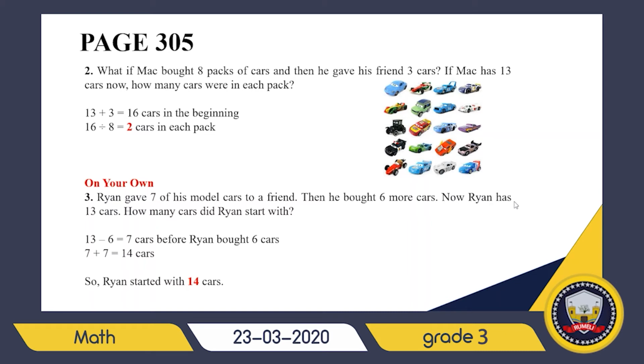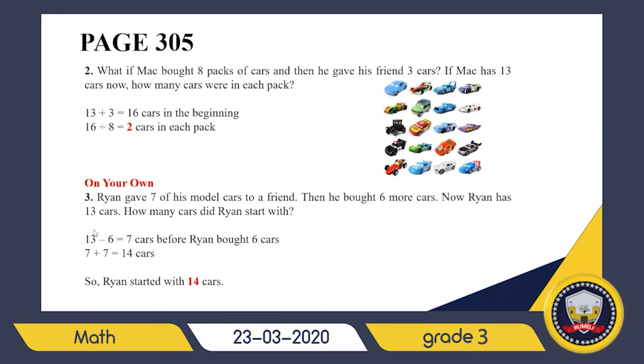Now Ryan has how many cars? 13 cars. After what? He bought 6 more cars. After he buys 6 more cars, he will have 13 cars. If you buy something, you will get something, right? So before he buys, how many cars will he have?